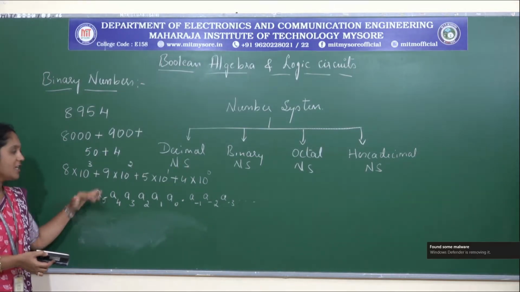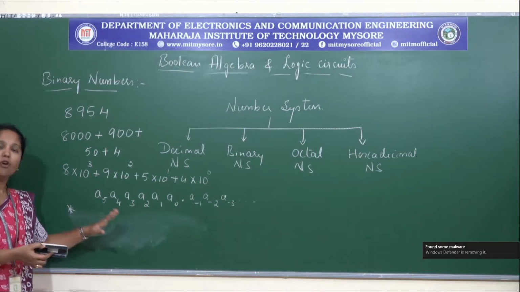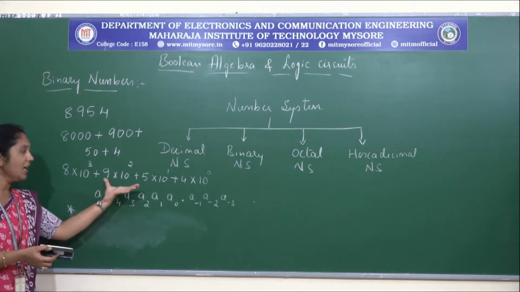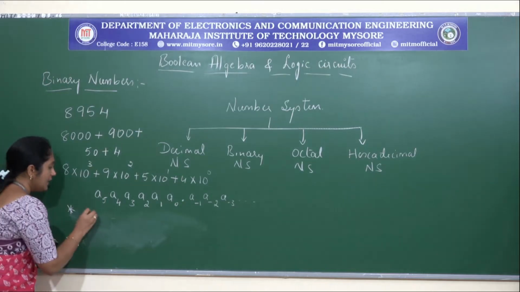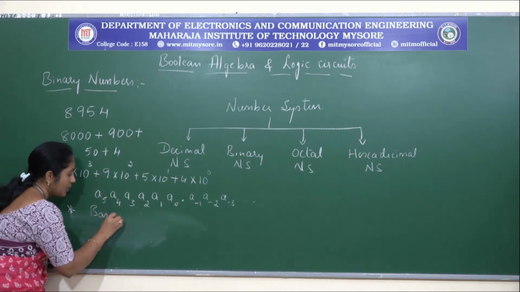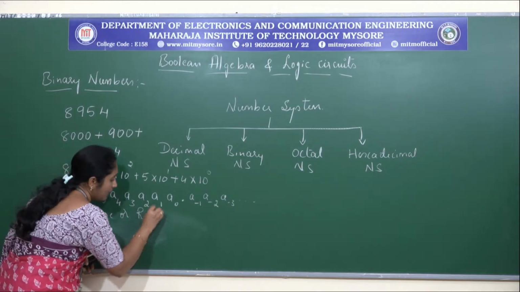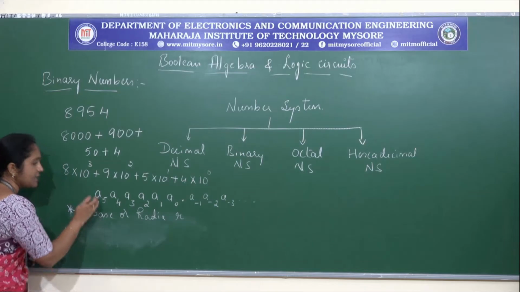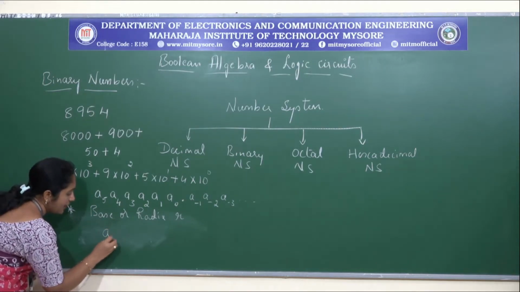Let us generalize and represent the generalized equation for representing any number in any number system. Let us consider the base, or radix, as r. If that is the case, using these coefficients we can represent the general equation like this.